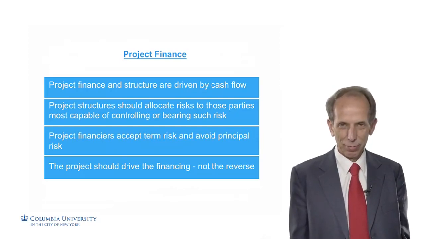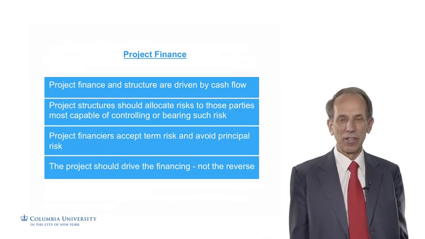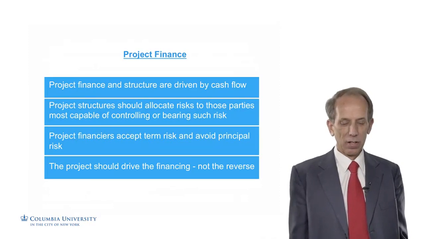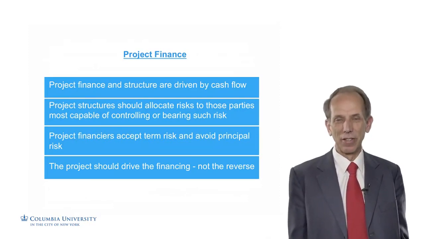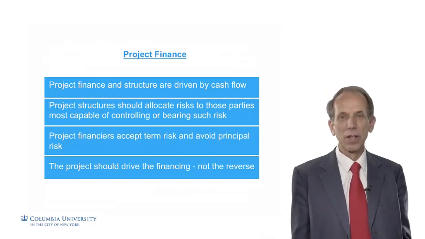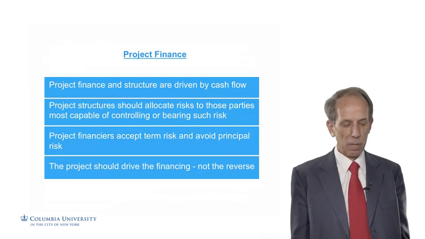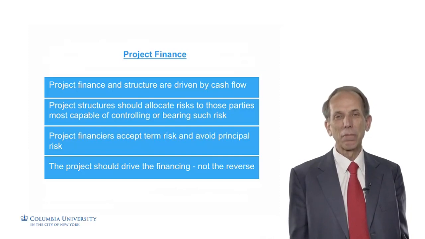So just to bring these 4 tenets together again, because these are the most important aspects of project financing. Project finance and structure are driven by cash flow. This is a cash flow business. Project structures should allocate risk to those parties most capable of controlling and bearing such risk. This is a contract business.